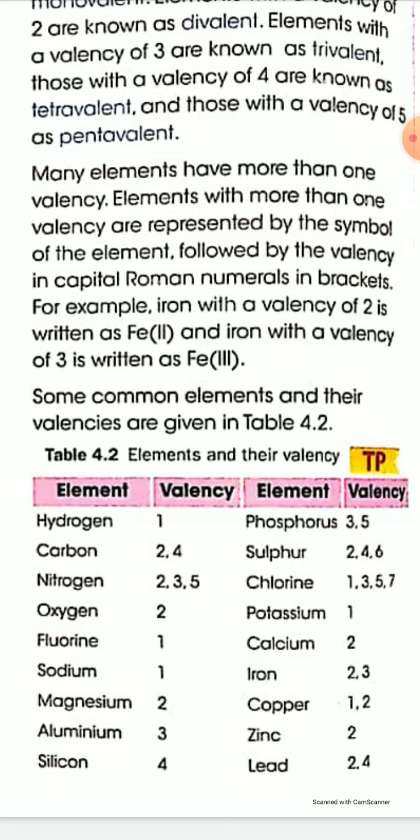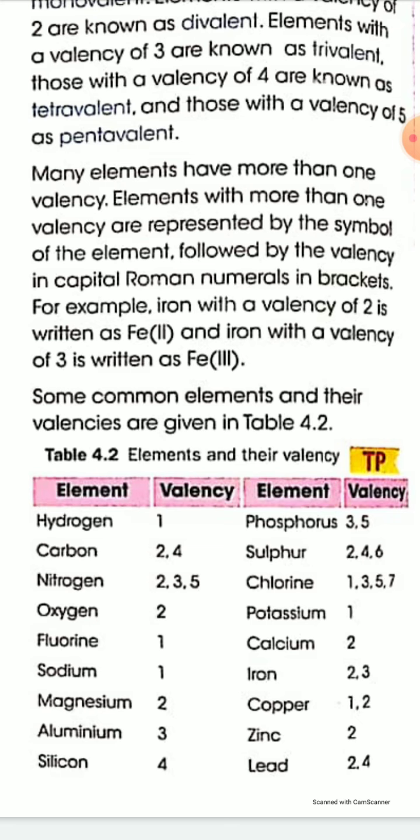So carbon can show two valencies, 2 and 4. Nitrogen has 3 valencies, 2, 3 and 5. These are called variable valencies. Some elements can exhibit more than one valency, and this phenomenon is known as variable valency. Oxygen has valency 2.